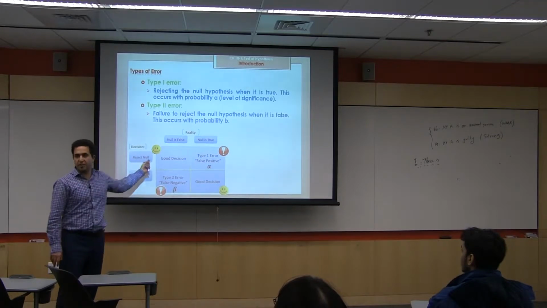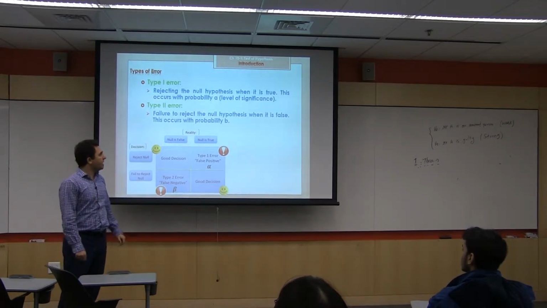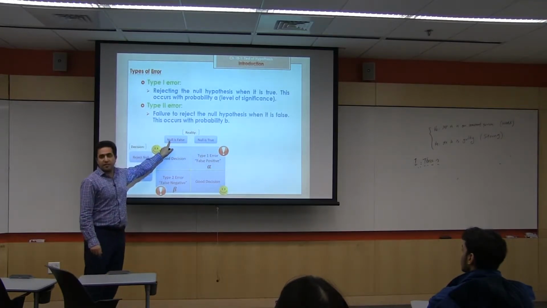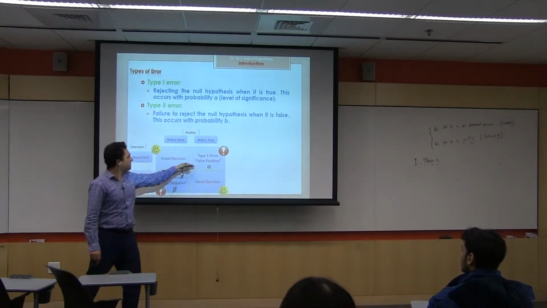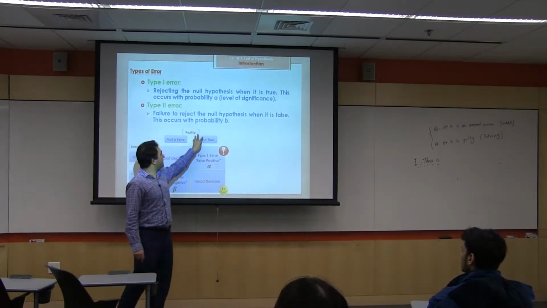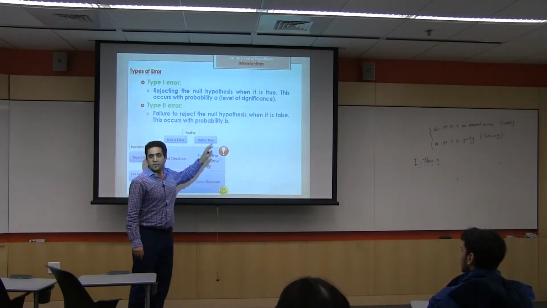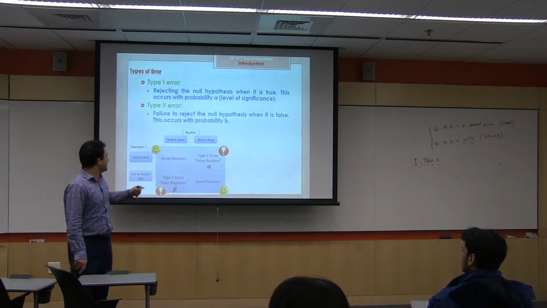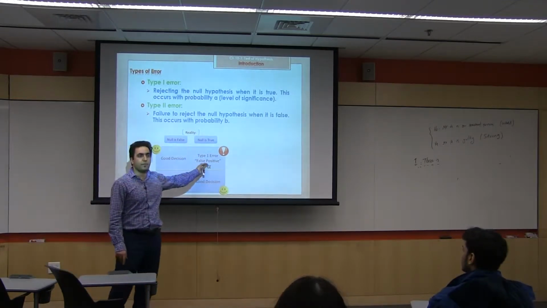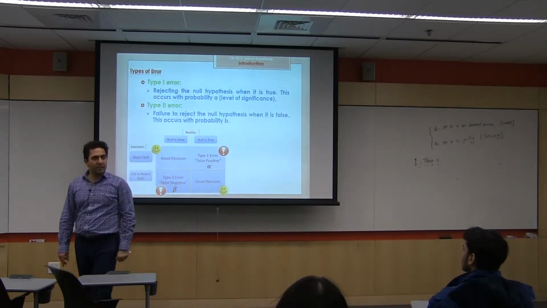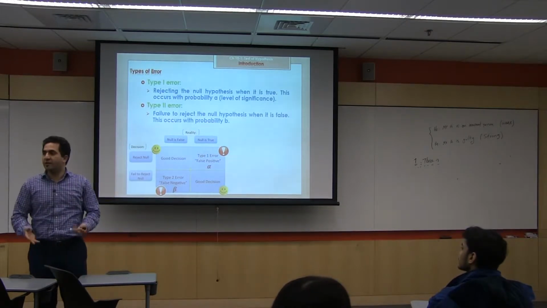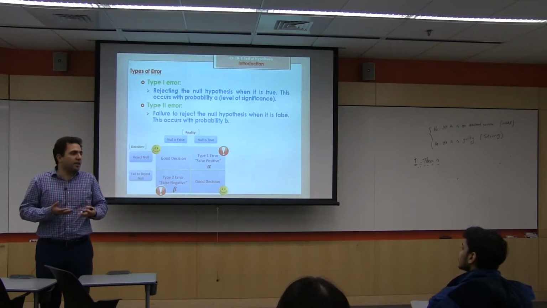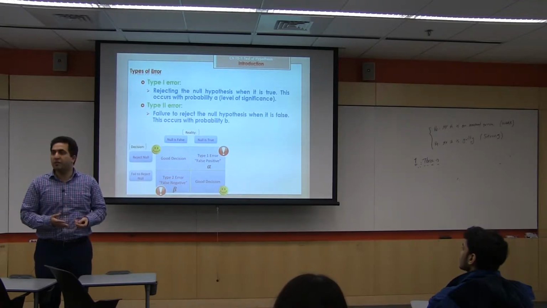I'm fine. But if in reality the person is not guilty and is an innocent person, but I decide that he's a guilty person, I had a bad decision. He was innocent in reality, but I ended up saying that he's a guilty person. I'm sending an innocent person to jail.